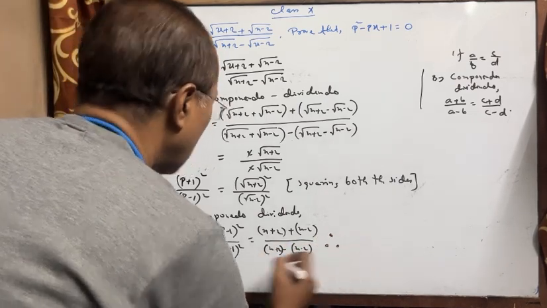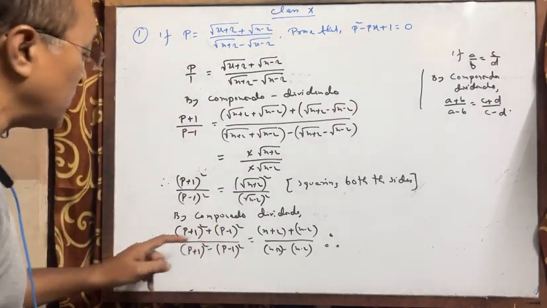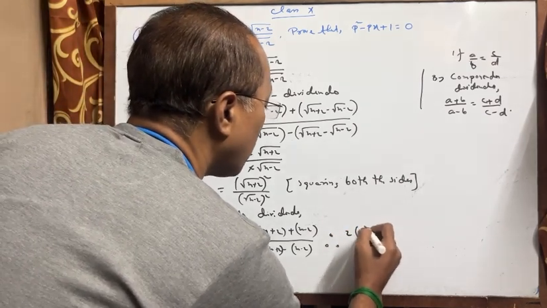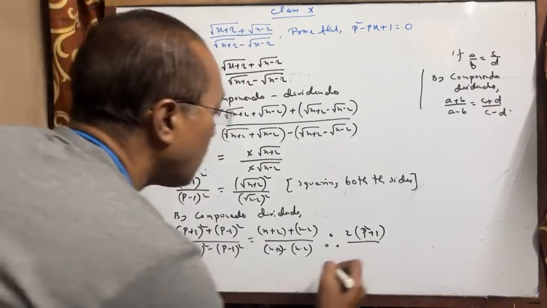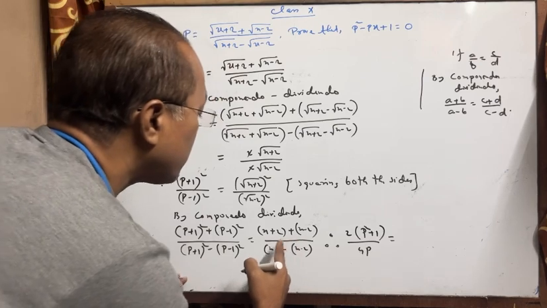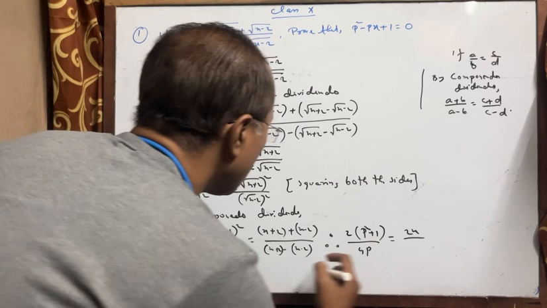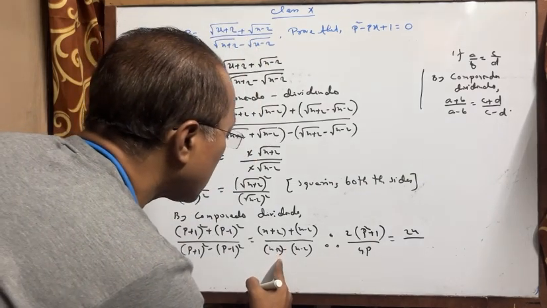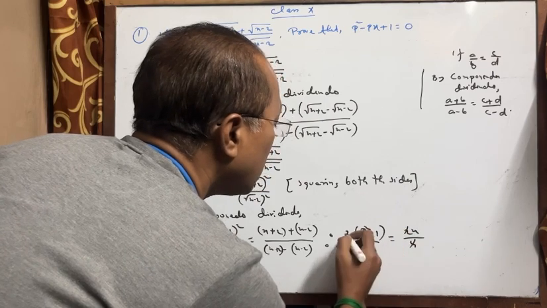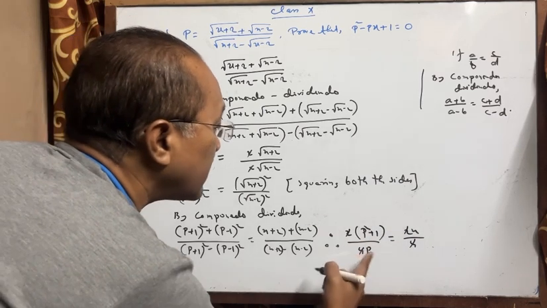Therefore, p plus 1 whole square plus p minus 1 whole square means 2p square plus 2, and here it is 4p, which is equal to 2x by 4.